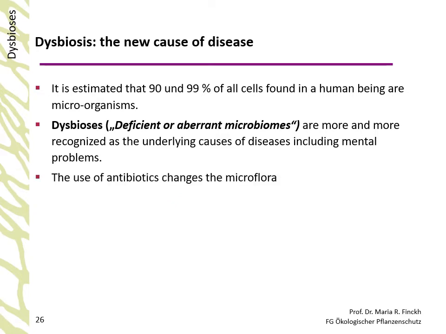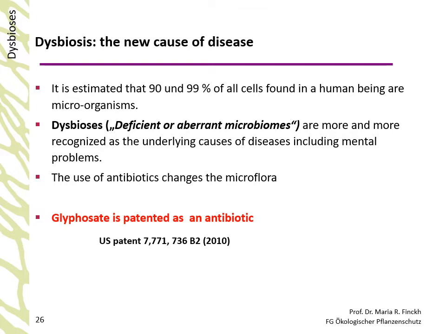And the use of antibiotics changes the microflora. Everybody who has taken antibiotics hopefully has been told by the doctor also afterwards to eat a lot of yogurt and lactobacillus in order to rebuild the microbiome in the intestine. And glyphosate is patented as an antibiotic, and this is where the connection.